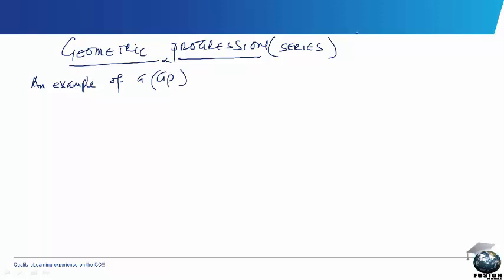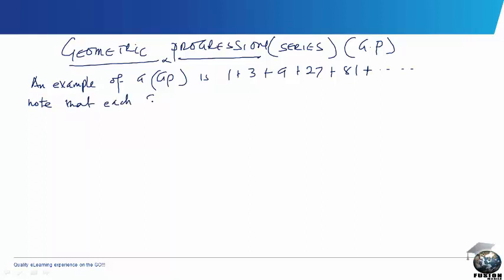Geometric progression, or GP, is 1, 3, 9, 27, 81, and so on. All you have to note here is that each succeeding term or value is a multiple of a constant.